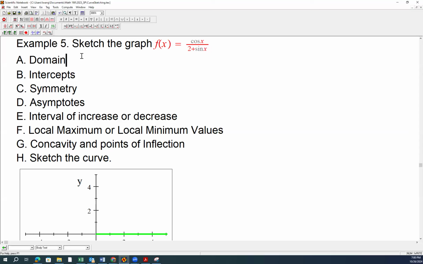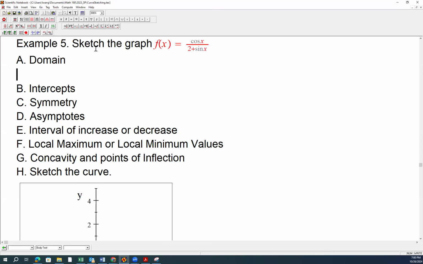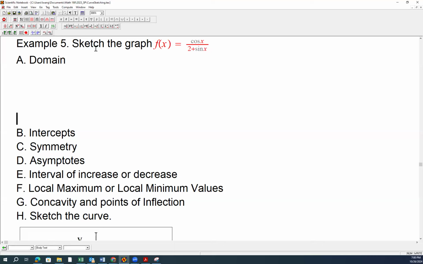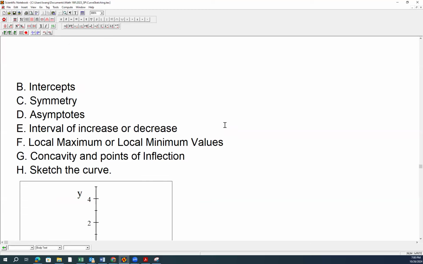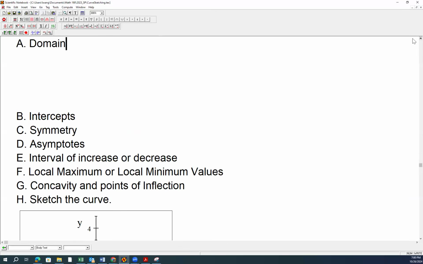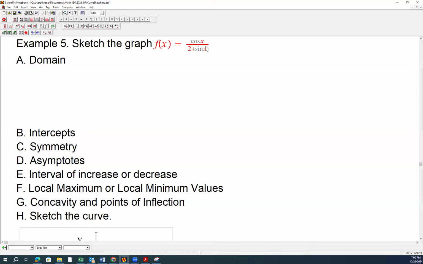Okay, so first of all, on domain, obviously we have a denominator here. So what will be the domain of the function? As we understand from our crash course of trigonometry, cosine x and sine x alone have domain all real numbers.